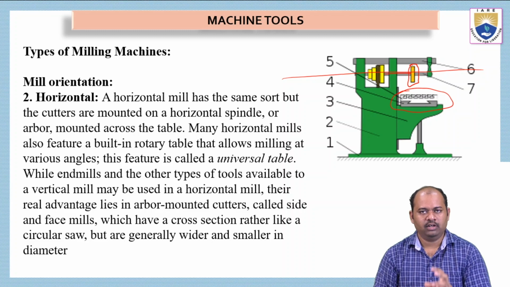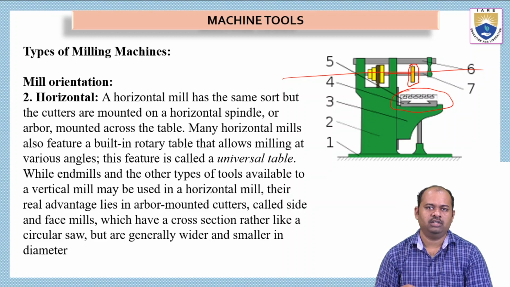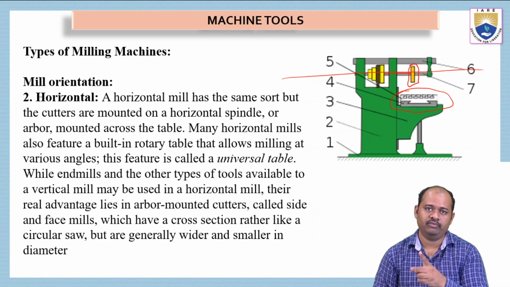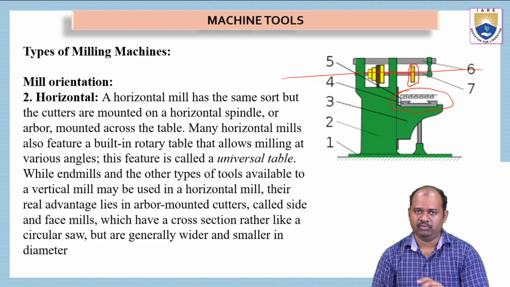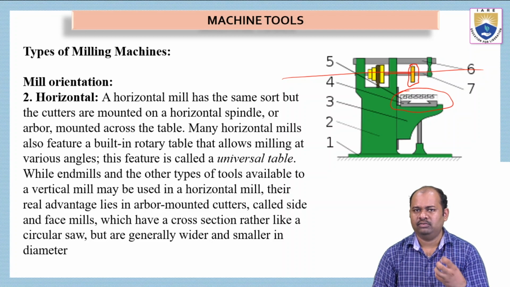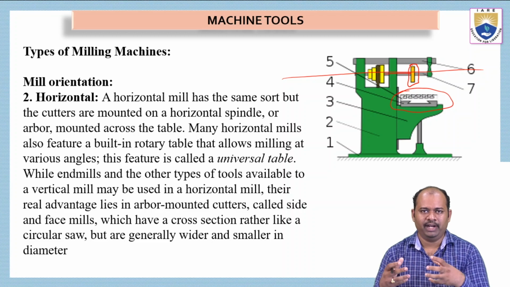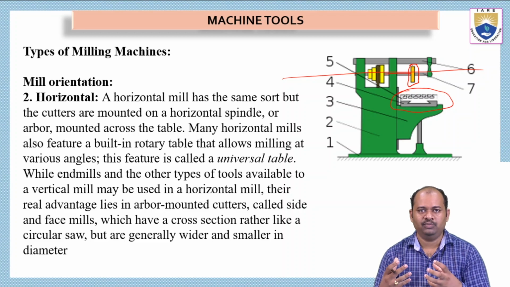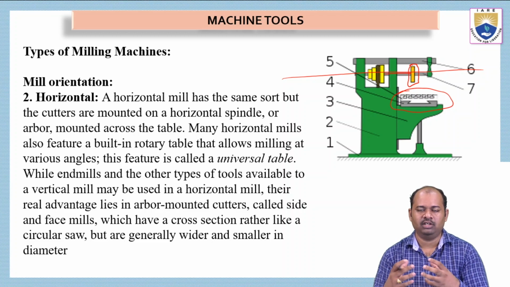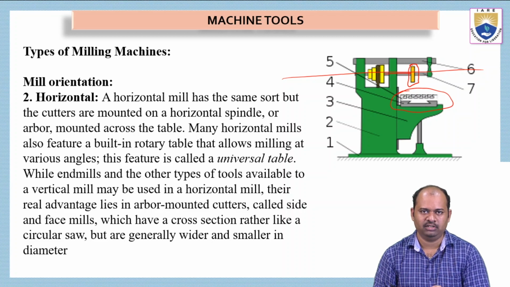Because of that, many different operations are possible on the horizontal milling machine. This is one advantage of the horizontal milling machine, because we can have a rotatable bed, which is not possible in a vertical milling machine.